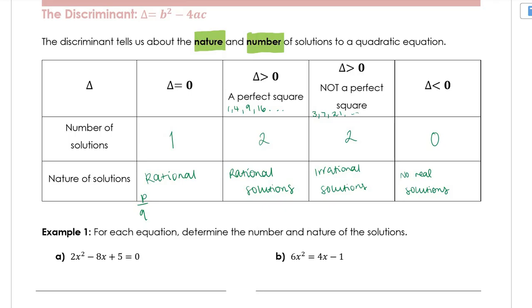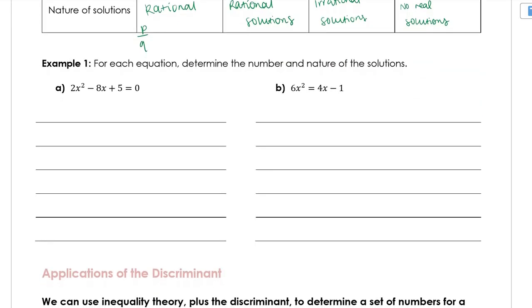So when it comes to calculating the discriminant, you want to identify your a, your b, and your c, because our discriminant is equal to b squared minus 4 times a times c.